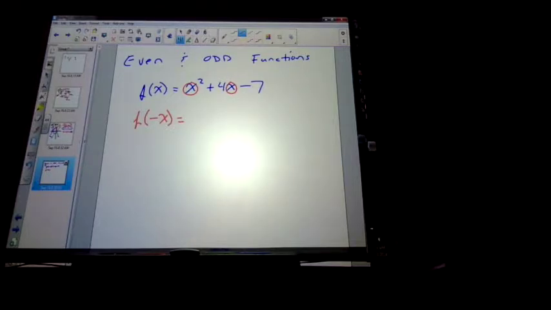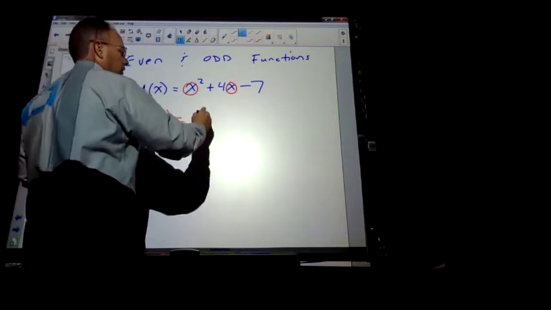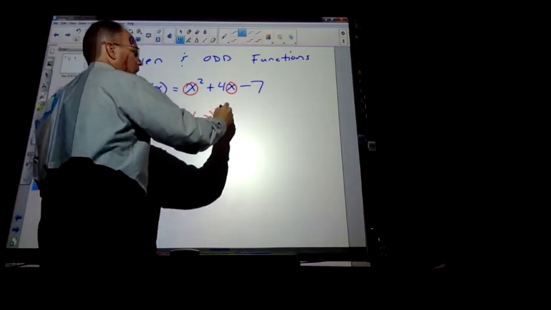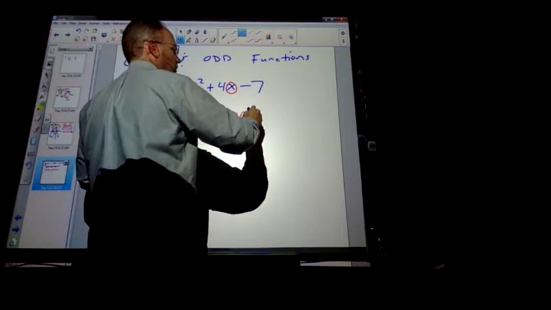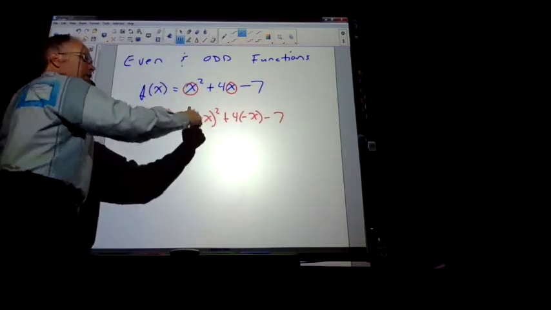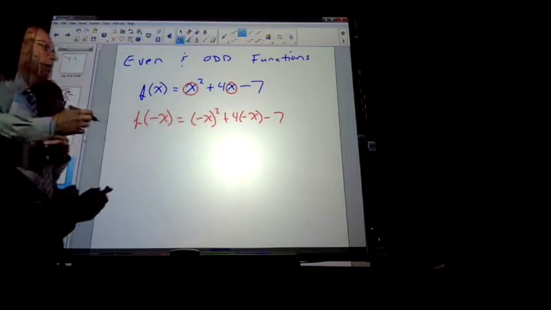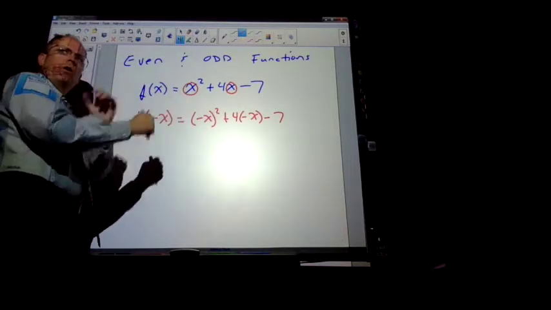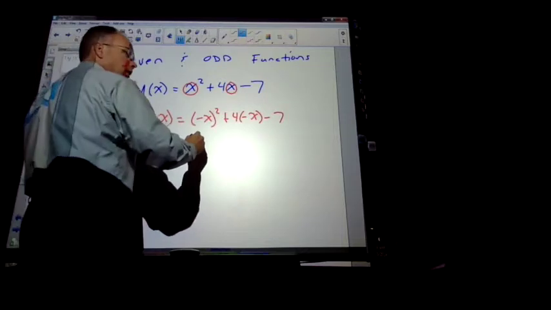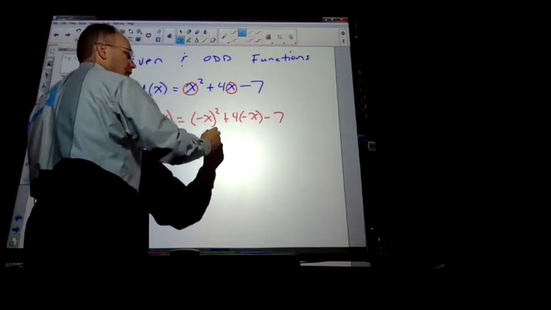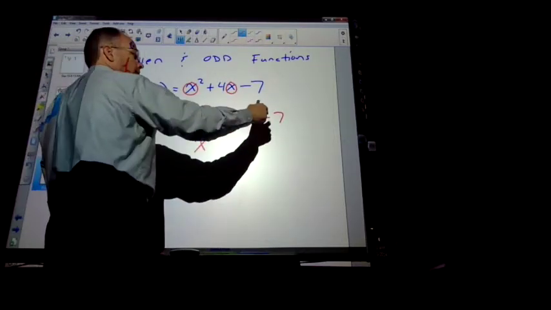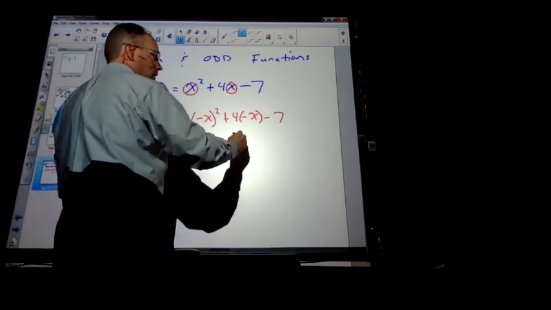If I take negative x and square it, and 4 times negative x and minus 7, what does negative x as a quantity squared become? X squared. And then 4 times negative x is negative 4x minus 7.